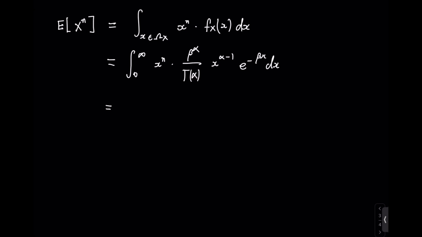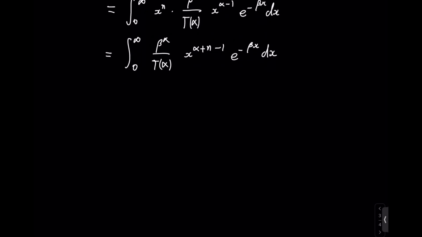Our next step is identical to what we were doing before: the integral from 0 to infinity of beta to the alpha over gamma of alpha. In this particular instance, we have x to the alpha plus n minus 1, from combining the x to the n here and the x to the alpha minus 1 there. The e to the negative beta x dx, of course, we still have at the back.